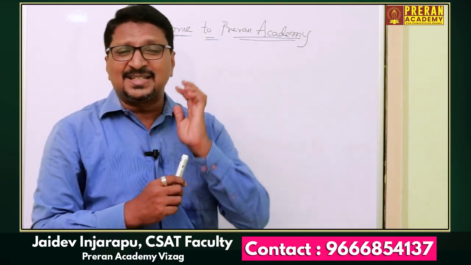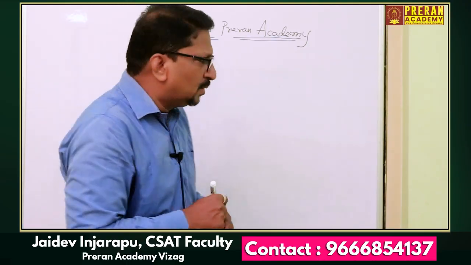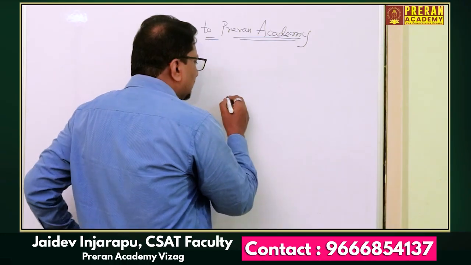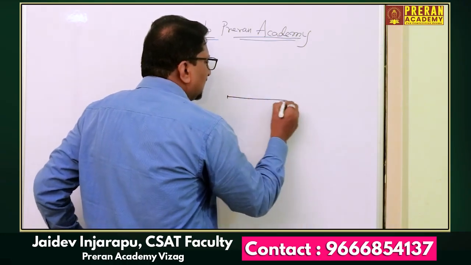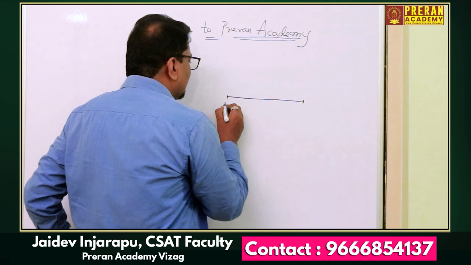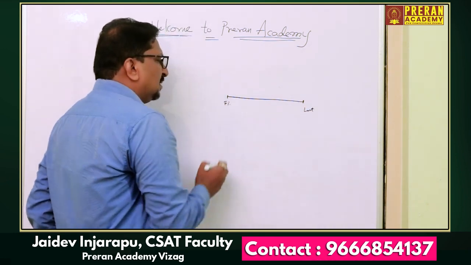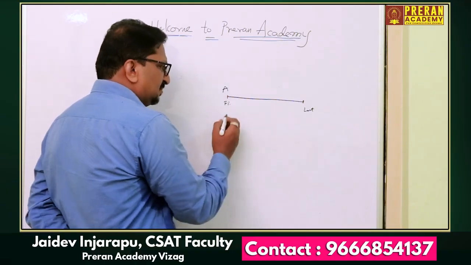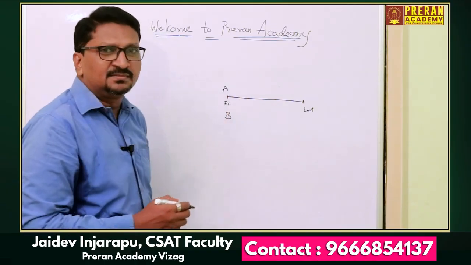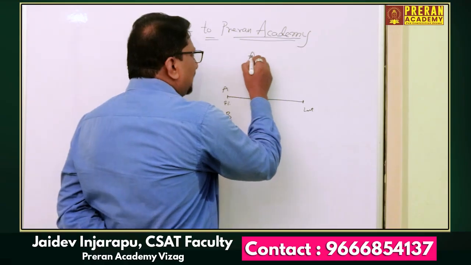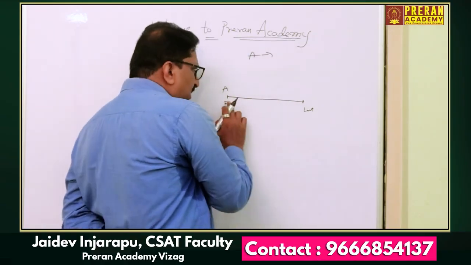Now, we need to understand a point here. Let us assume this is the first day, this is the last day. On the first day, A is there, B is also there. A can finish this total work from here to here.